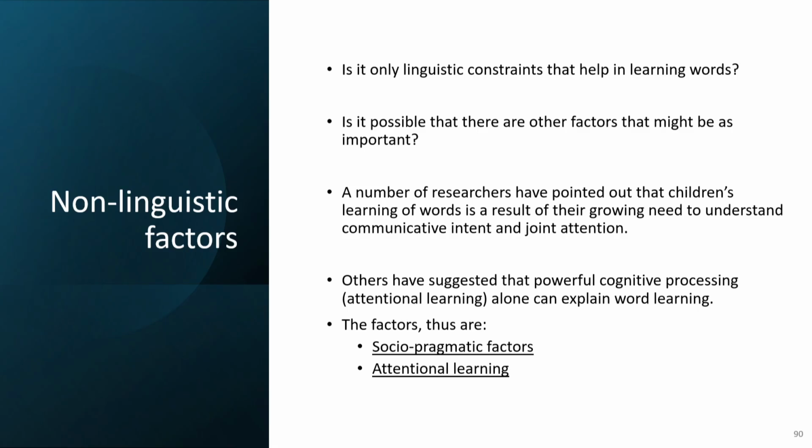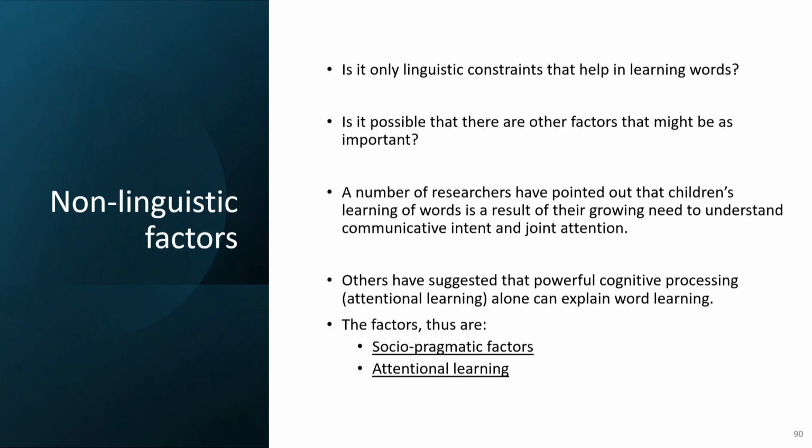A number of researchers pointed out that children's learning of words is a result of their growing need to understand communicative intent and joint attention. We talked about joint attention in the initial stages. While the child is growing, they are also an active member of the social scenario. They are part of a group of people.